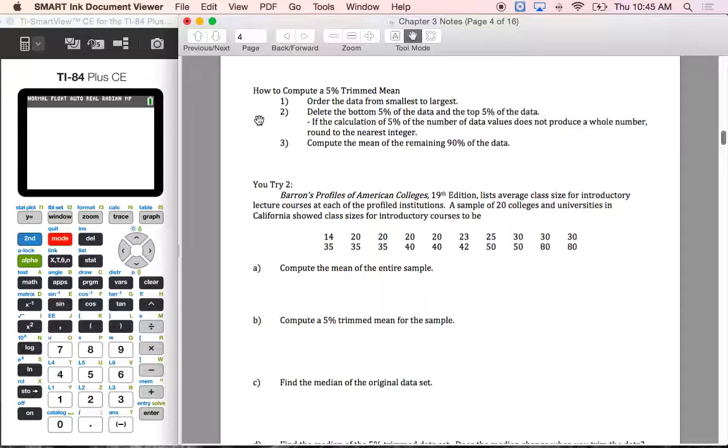So if we jump to B then, we would take 0.05 times 20 because you want 5% of 20. Now, I want you to go through right now and complete A and C on your own. So pause the video. You should know how to find the mean of the whole sample. You should know how to find the median. So A and C are ones you should know how to do. So hit pause and then come back to me.